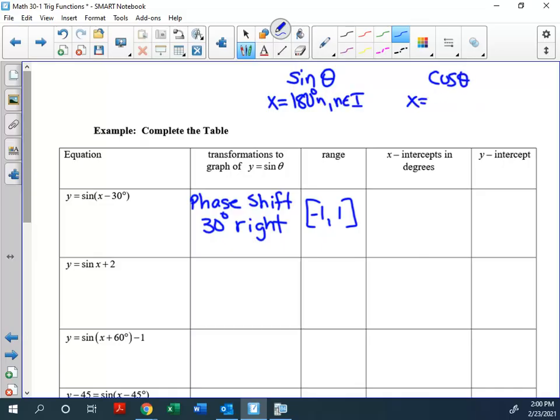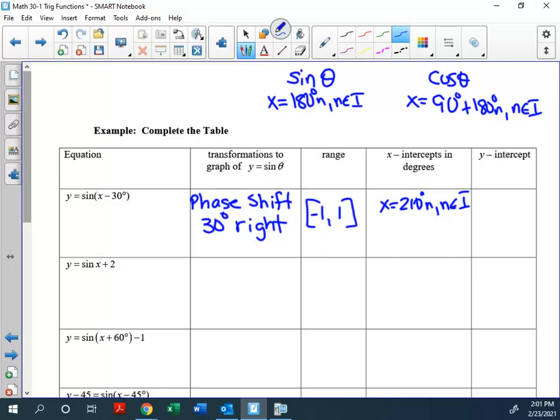And if it was cosine, it was 90 degrees plus 180 degrees n, n an integer. Just so we don't have to keep flipping back, I'll just put those at the top. So, sine x-intercepts. Let's really think about what happens here. I need to take this, and I need to move it 30 degrees to the right. So people will do this. Oh, that's nice and easy. It's 210 then.